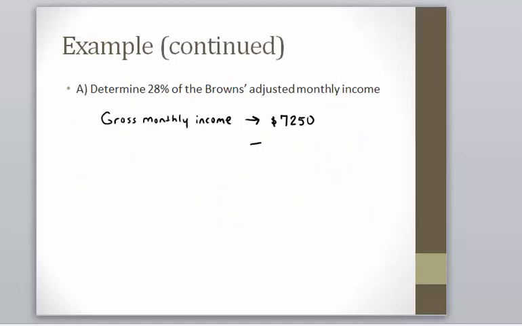We're going to subtract the $225, which is for the car. We're going to subtract the $175, which is for the braces. And we're going to subtract the $45 for the furniture.